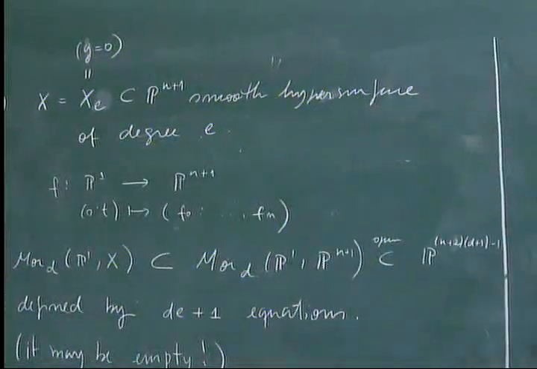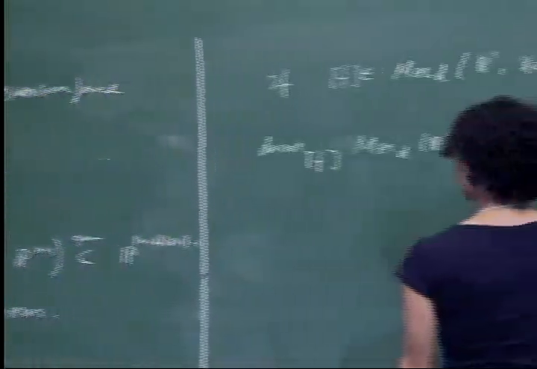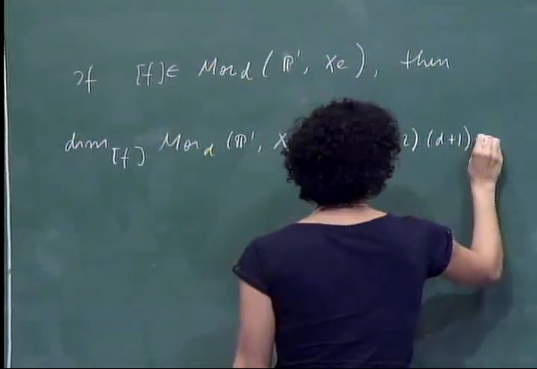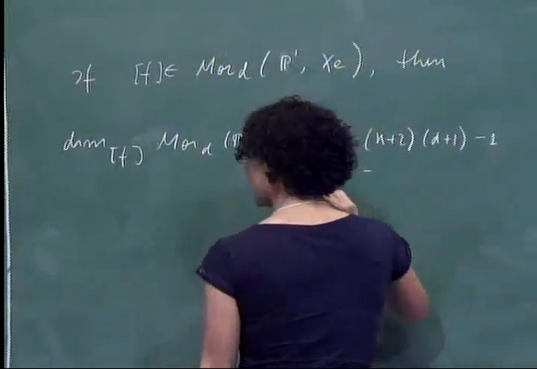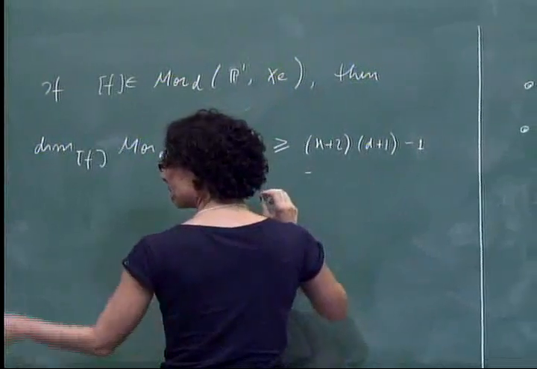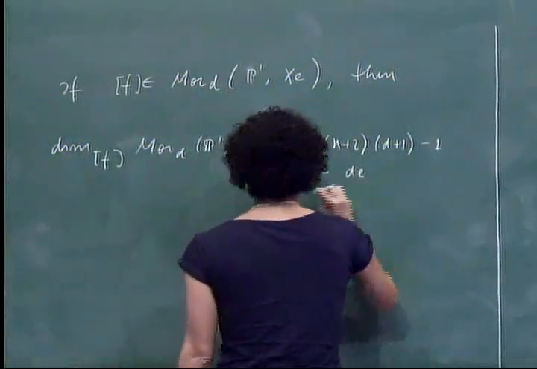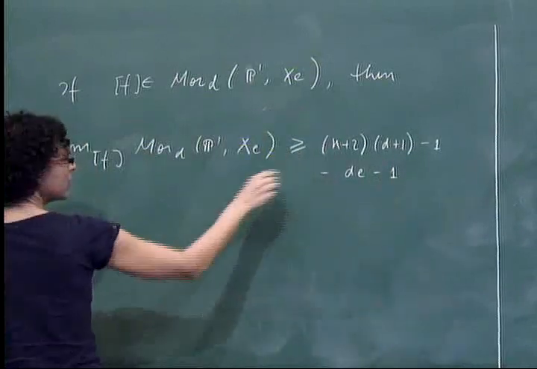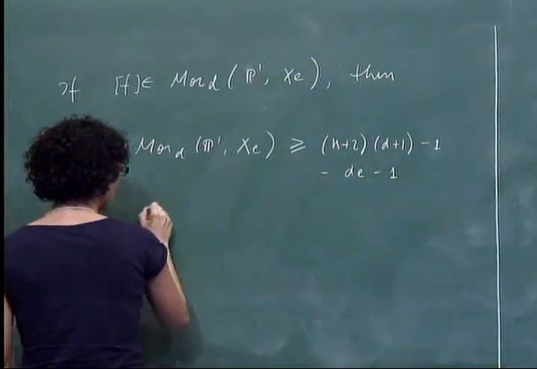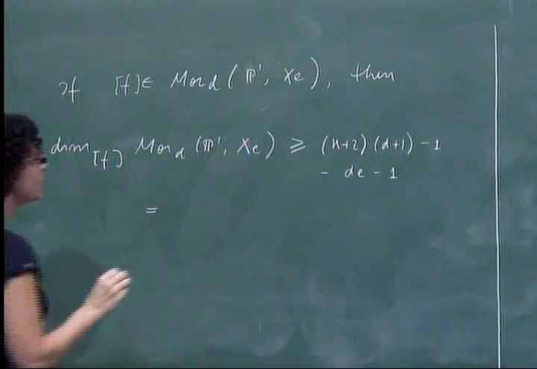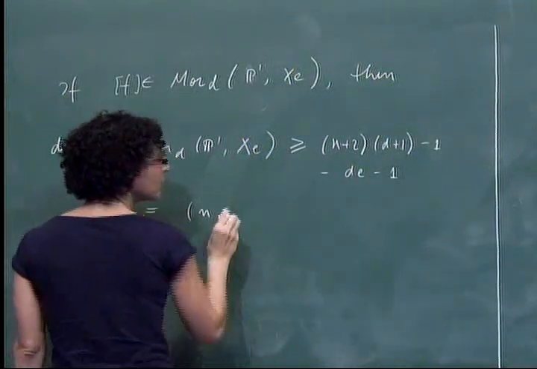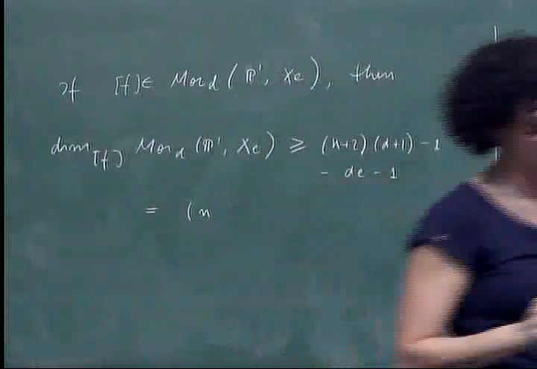So this will be n plus 2 times d plus 1 minus 1 minus d e minus 1, and now let me see how I want to write this.